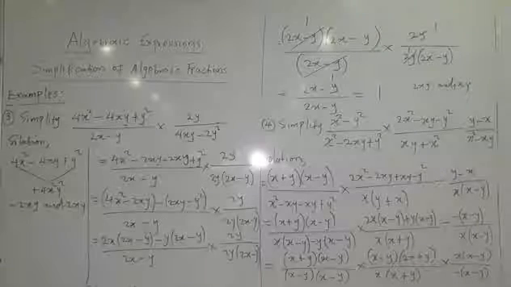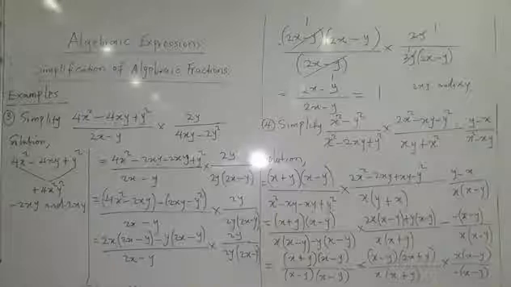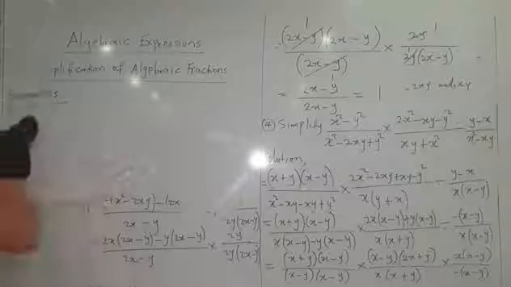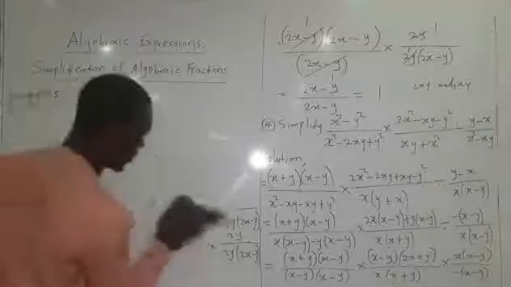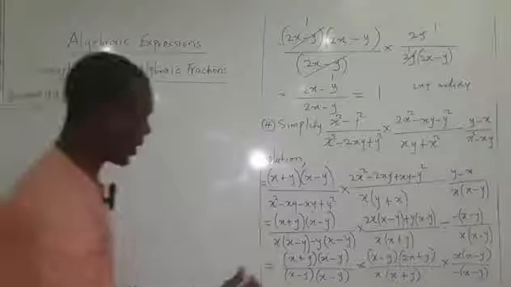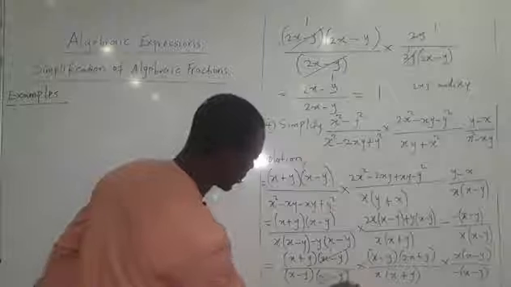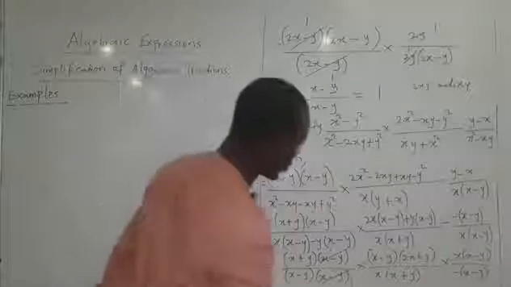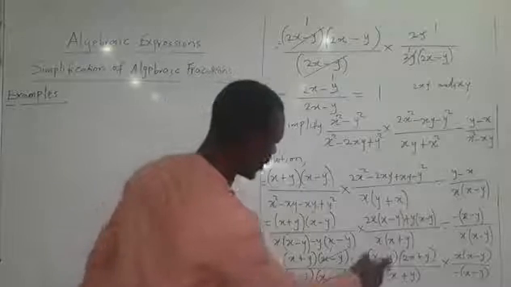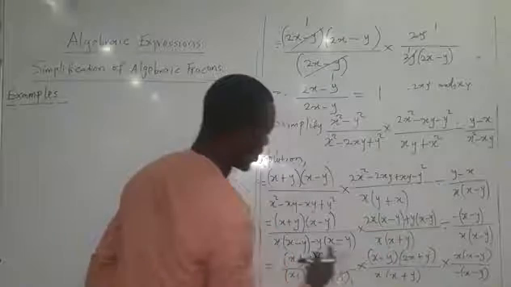So we can now cut. So let's reduce it to the lowest term now. If you have any common factor from numerator and denominator, let's cut. If you look at the first expression, x minus y over x minus y. So the next thing to do, look at x minus y and x minus y, because the sign that joins each of the terms is multiplication.